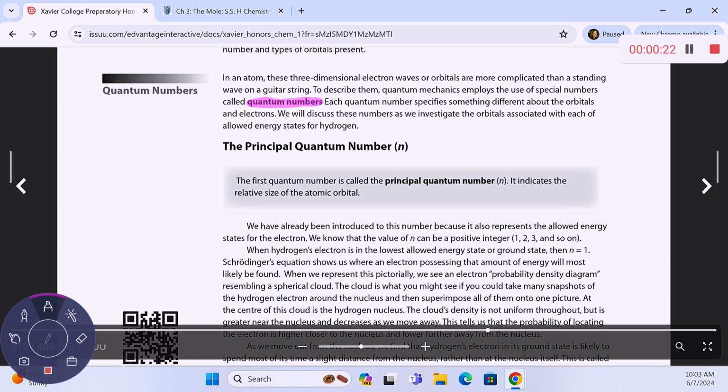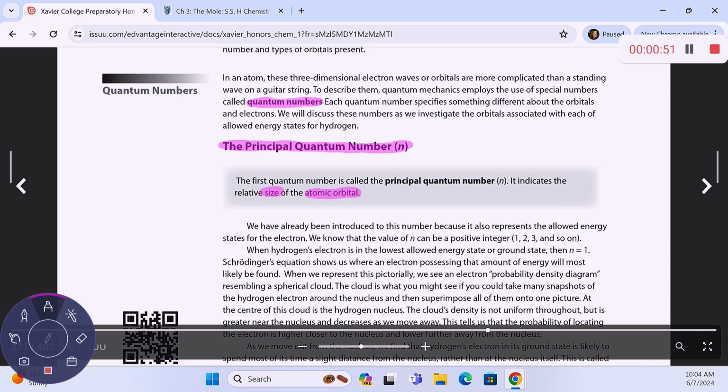Quantum numbers describe where electrons are located in terms of energy levels, atomic orbitals, and whether they're spinning up or spinning down. So the principal quantum number n tells us the size of the atomic orbital that the electron is in. So n = 1 would be the smallest, n = 7 would be the largest, okay?